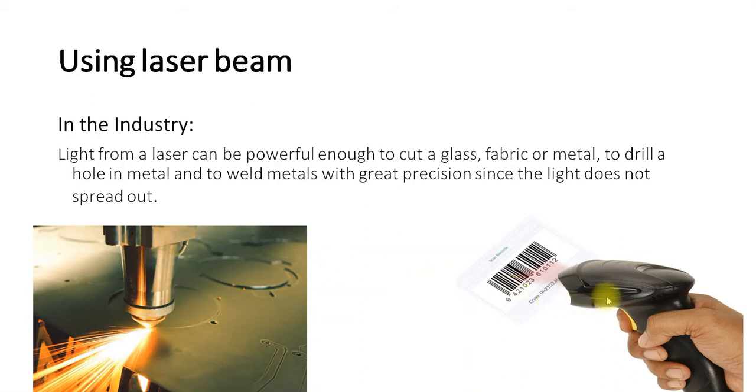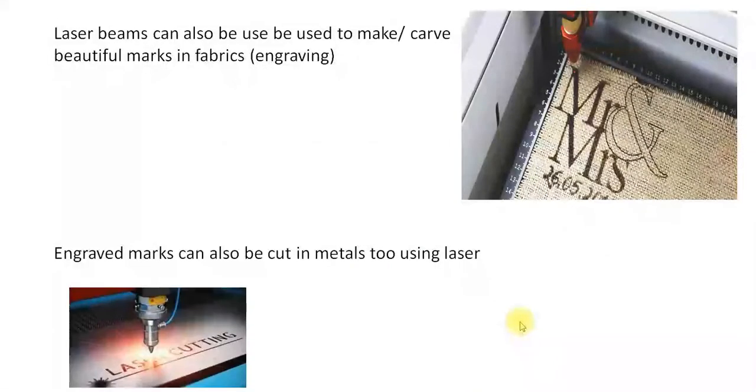But then we can employ weak or soft beams to read barcodes. After getting your products, if you want to find out if the product is genuine, you can use a soft laser beam to read through the barcode of the product.